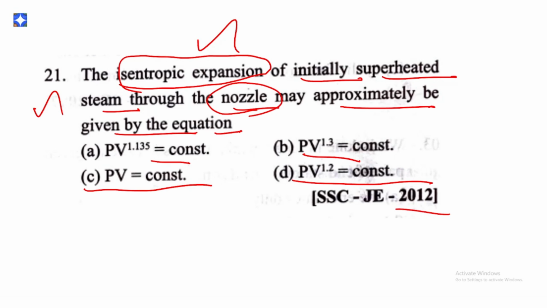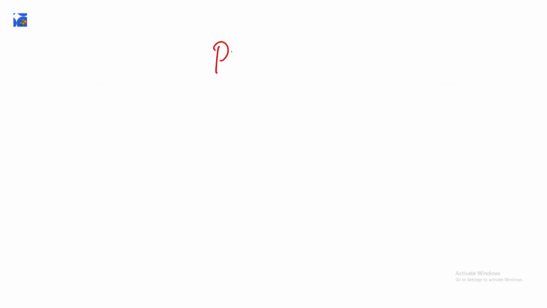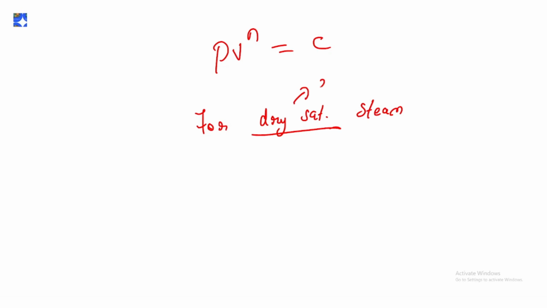I'll be giving you the exact thing. For example, we have a general equation PV power n equal to constant. For dry saturated steam condition, dry saturated in the sense we know that the dryness fraction is 1, completely dry. For that, your n value would be 1.35.